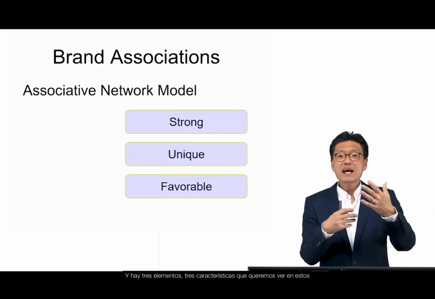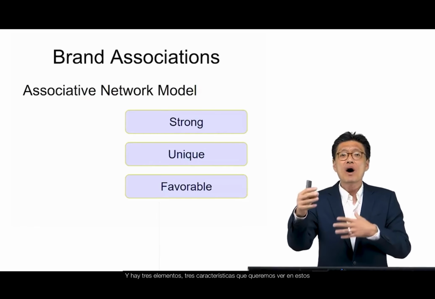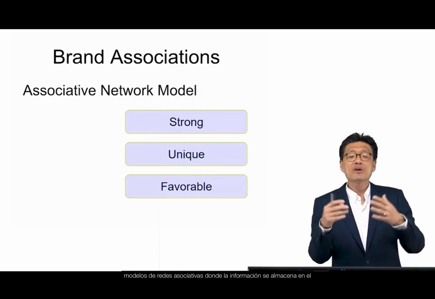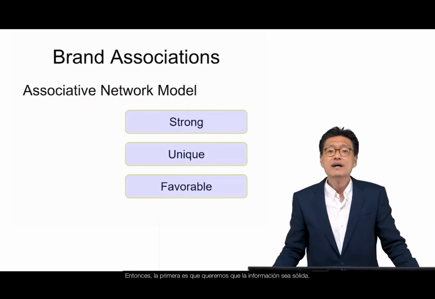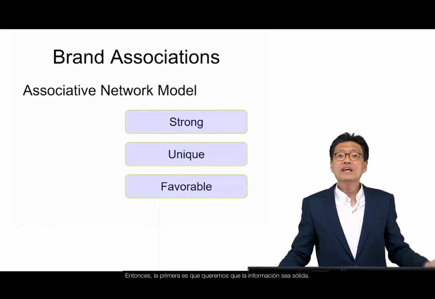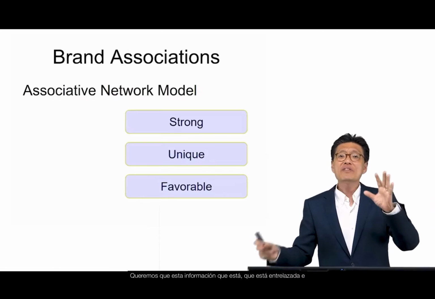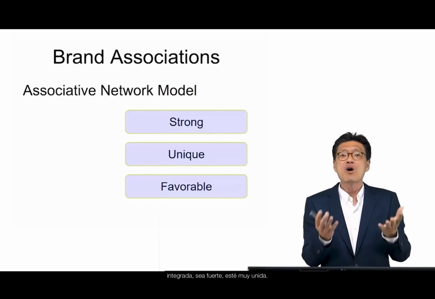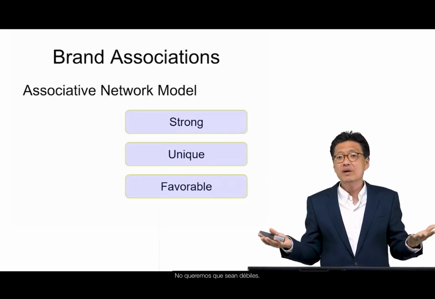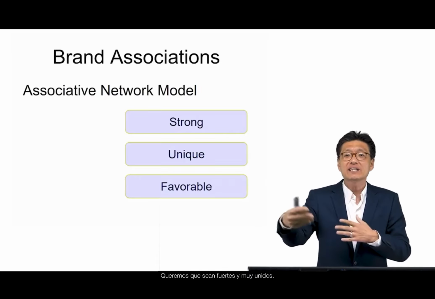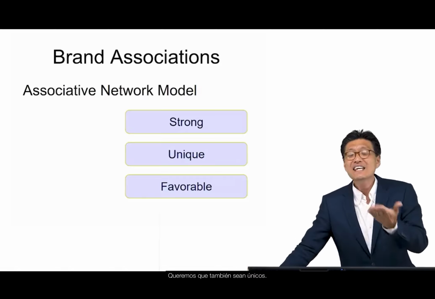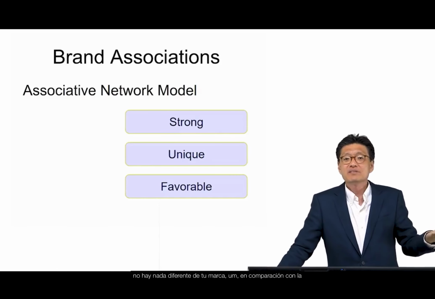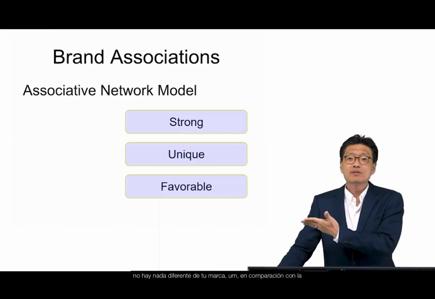And there are three characteristics that we want to see in this associative network model where information is stored in the brains of customers. The first is we want the information to be strong. We want this information that is intertwined and integrated to be strong, tightly knit. We don't want it to be weak. We want it to be unique as well. We don't want all POPs, because then there's nothing different about your brand compared to the competition.